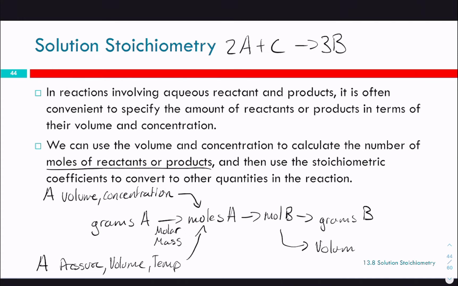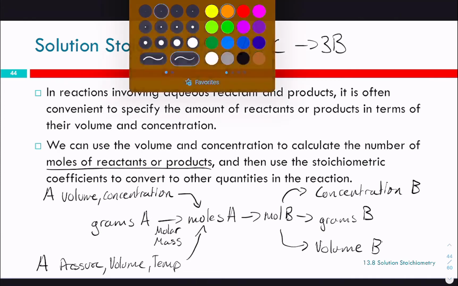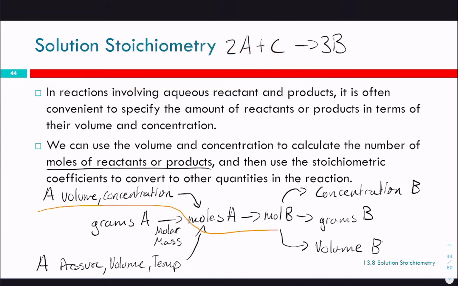In addition to being able to calculate moles of B, we can calculate volume of B, or we can calculate the concentration of B, depending on what the question's asking for and what numbers you're given. So it's this pathway that we're going to be talking about right now, but there will be questions on the final about the other ones.